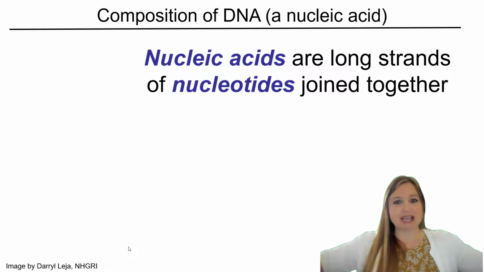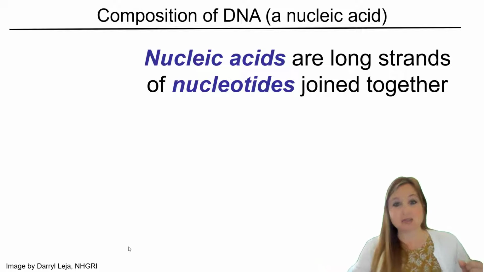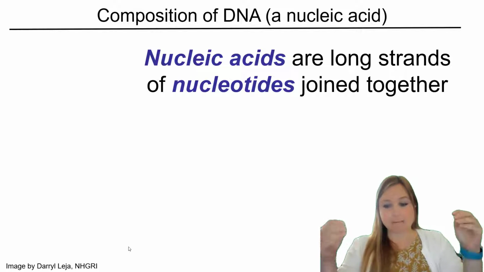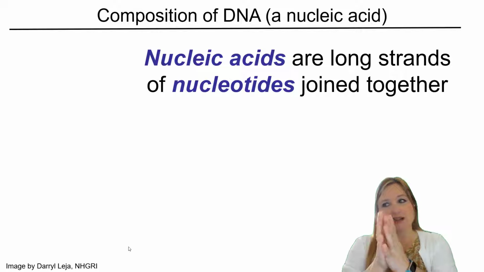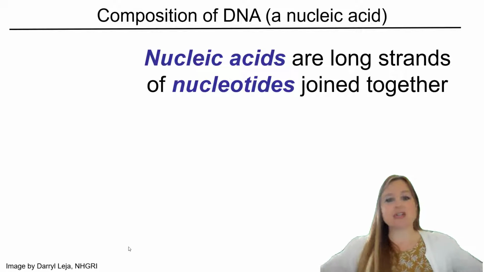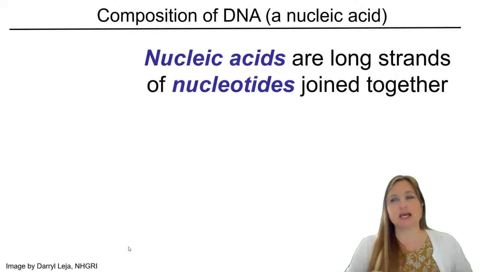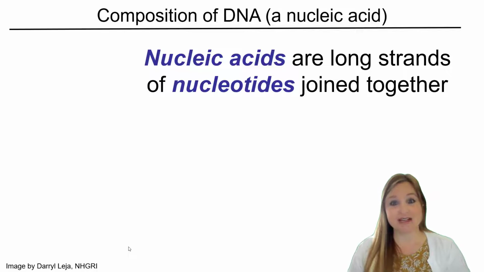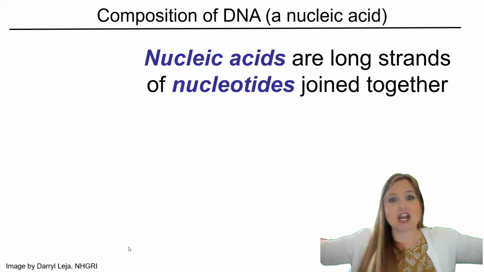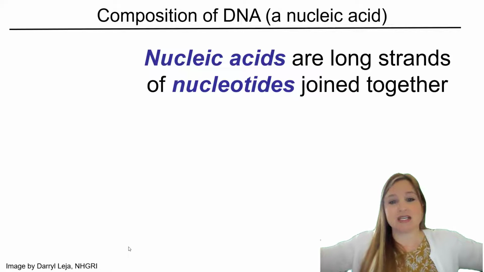And DNA is a nucleic acid. So the nucleotides are the smaller pieces that get bonded together to create the bigger structure. And the bigger structure is called a nucleic acid. So you can kind of think of it like a train. If you're sitting at a train track and a train goes by, the whole thing is the train. And it can be really long sometimes.